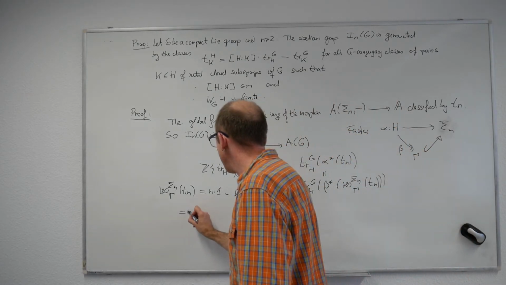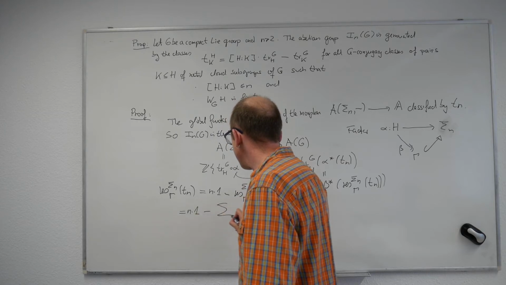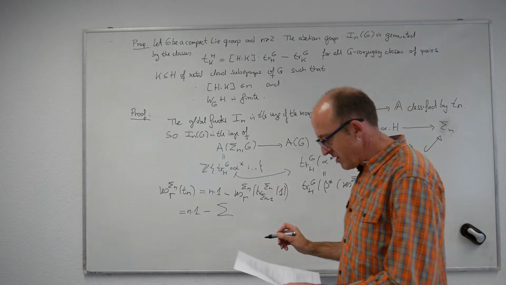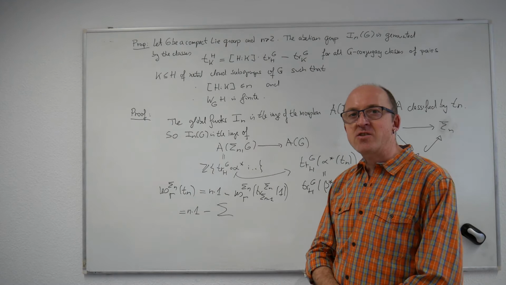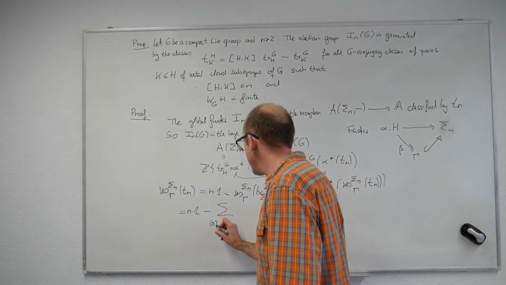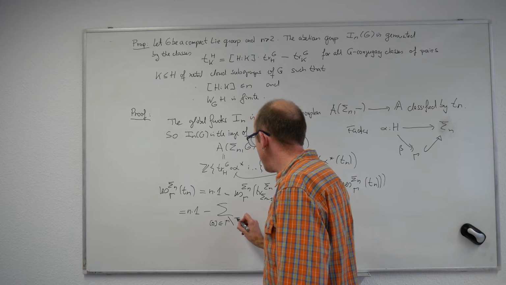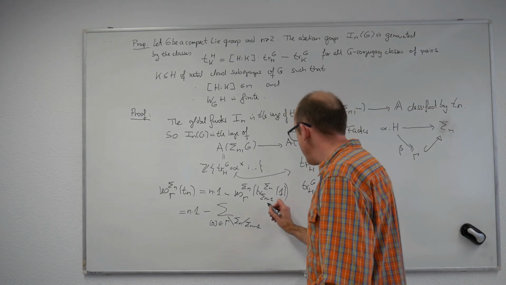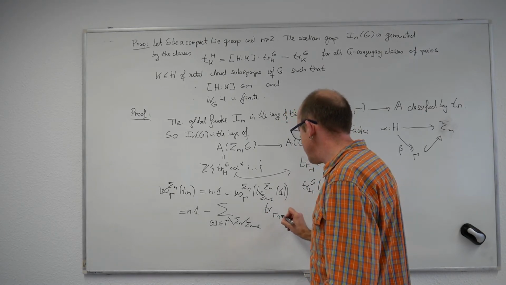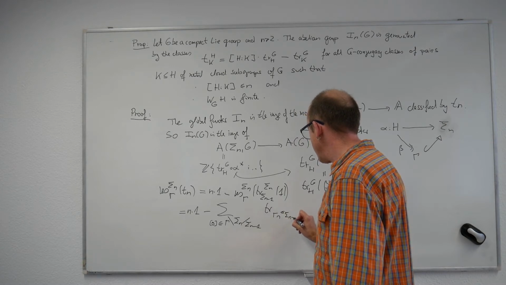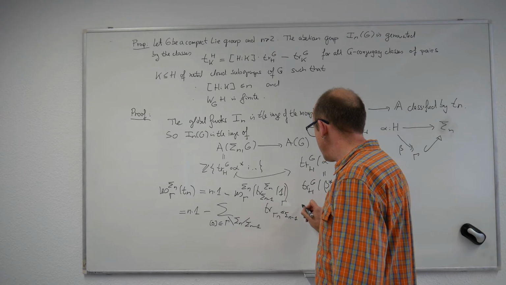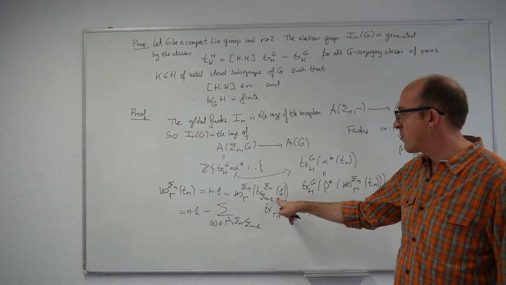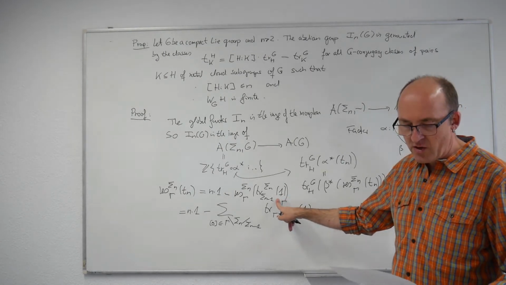So this is n times 1 minus the sum, and this is a simple case of the double coset formula because these are all finite groups that show up here, so there's no analysis of orbit type stratifications necessary, so it's just a sum over double coset representatives in gamma mod sigma n minus 1. And then we have the transfer from gamma intersected with the sigma conjugate of sigma n minus 1 to gamma of 1. Now in the general double coset formula there will also be a restriction and a conjugation, but if you apply restriction and conjugation to 1 you just get 1 again.